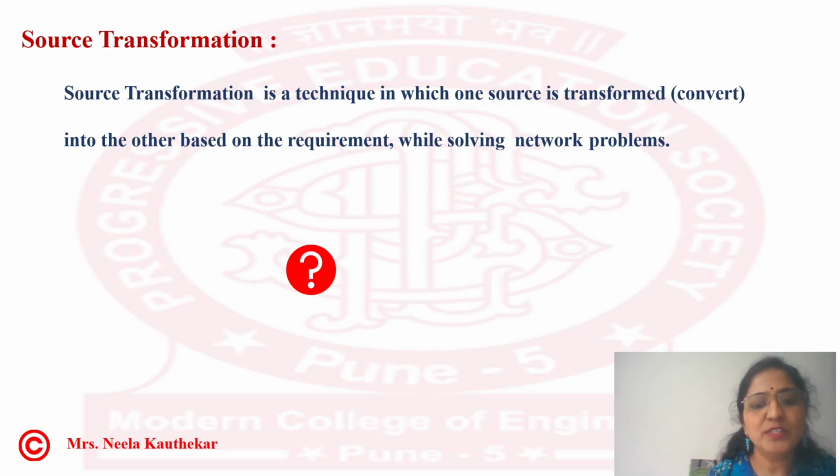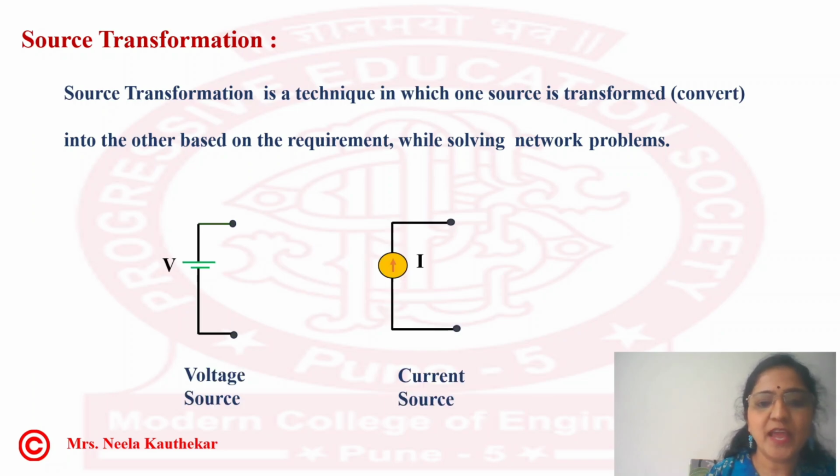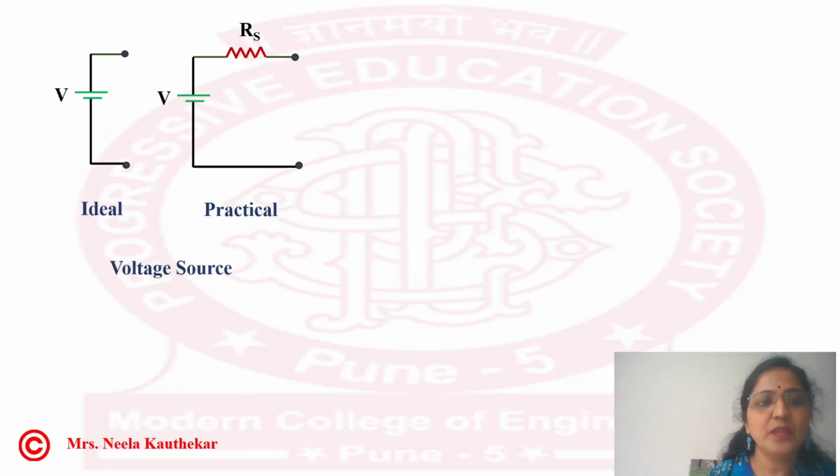So how many sources are there? Basically, there are two sources, voltage source and current source, which we are going to use in our networks or circuits. Ideally, we think that a voltage source has only voltage. But practically, each voltage source has its internal resistance.